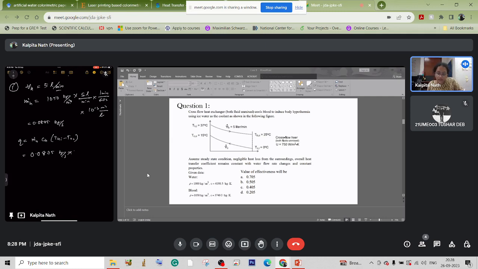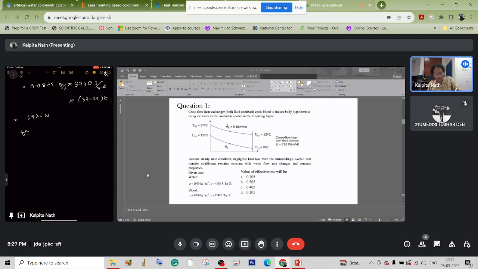The heat capacity for the hot fluid is 3740 joule per kg Kelvin, into 37 minus 25 Kelvin. This will be 3927 watt.